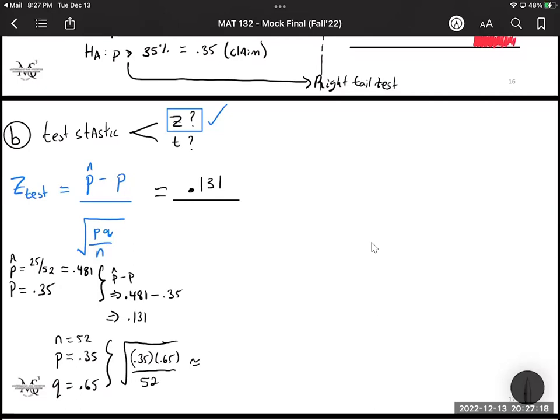I think 5 is fair enough. In your calculators, you have to compute the square root of 0.35 times 0.65, and then divide that by 52. Let's say we stop at 5 decimal places. Can I get the 5 decimal numbers?